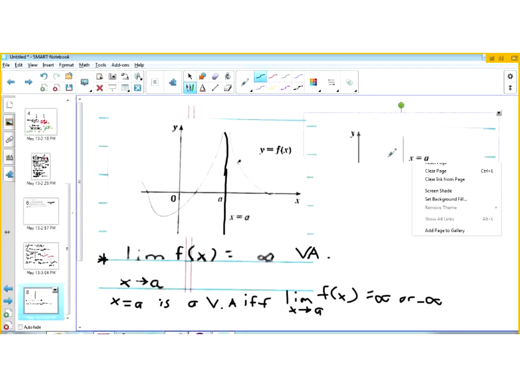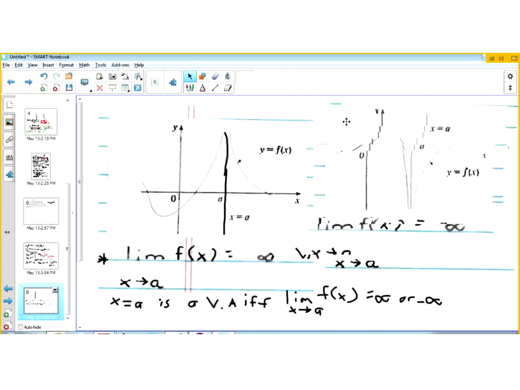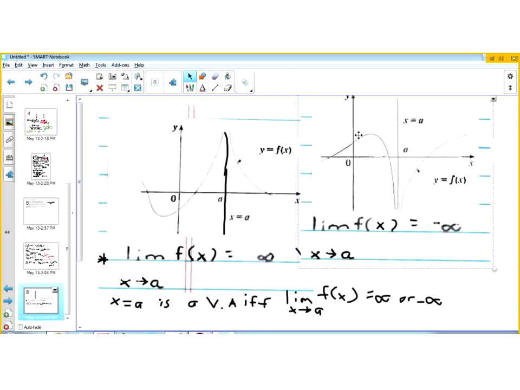Let me show you the minus infinity case. Here's the minus infinity case. So look at this drawing.